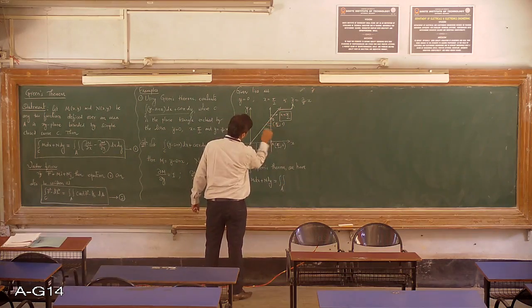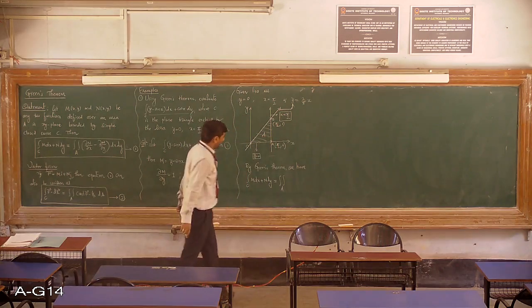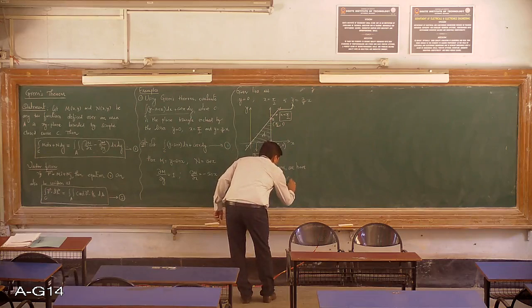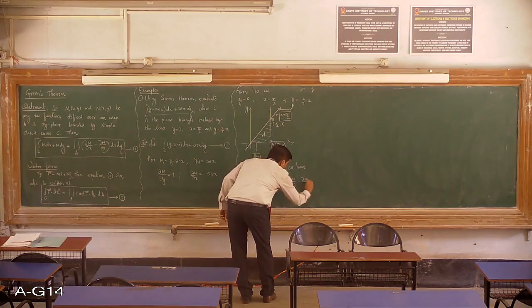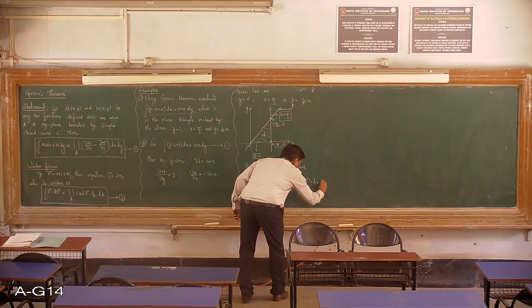The bounded area is this. So this is area A. Here we write dou n by dou x minus dou m by dou y into dx into dy.